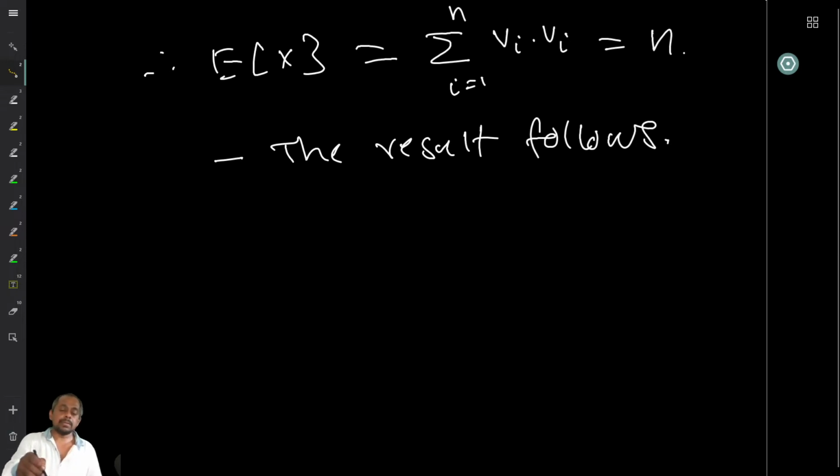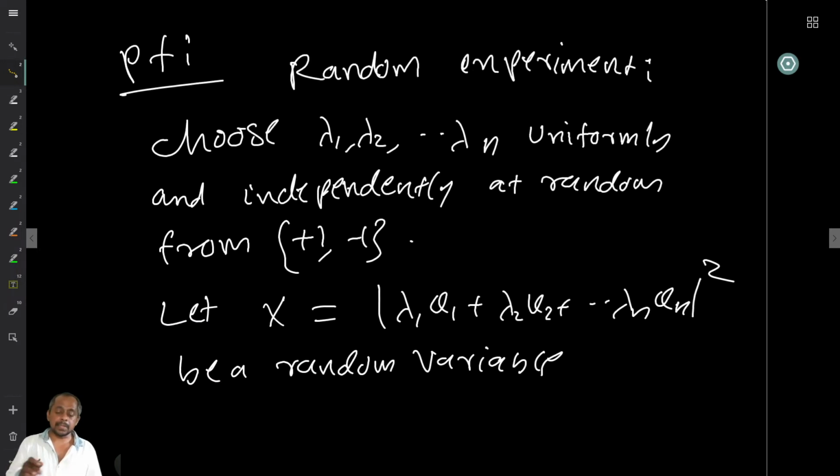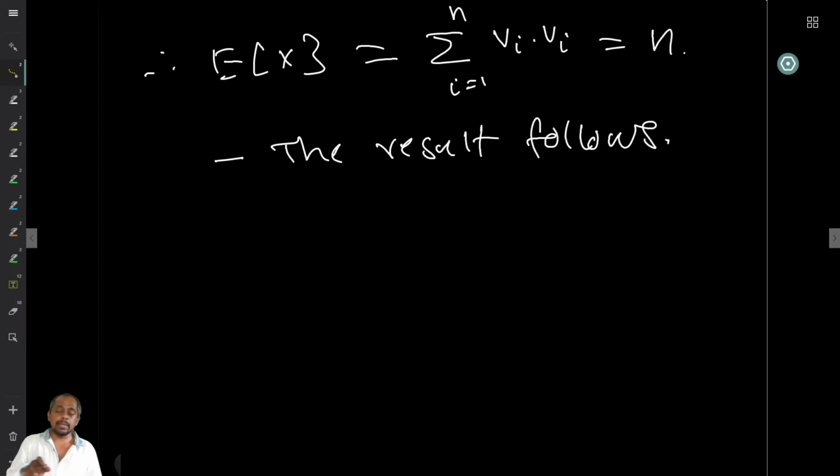Because these are unit vectors, vi dot vi is always 1, and therefore it is equal to n. So the expectation of x, which is lambda 1 v1 etc. lambda n vn squared, is equal to n.